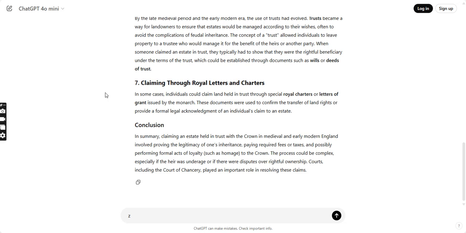The process could be complex, especially if the heir was underage or if there were disputes over rightful ownership. Courts, including the Court of Chancery, played an important role in resolving these claims.